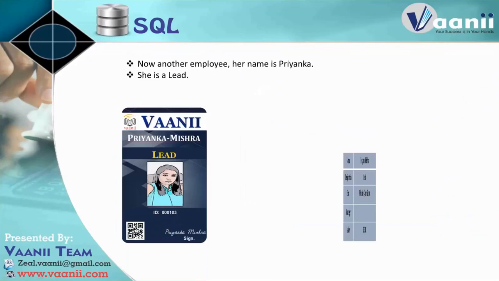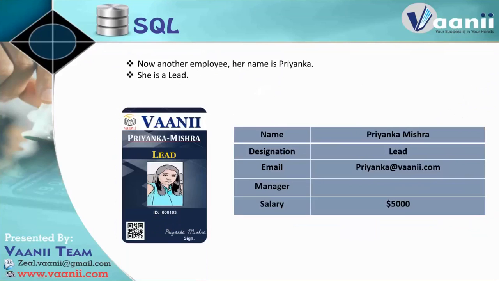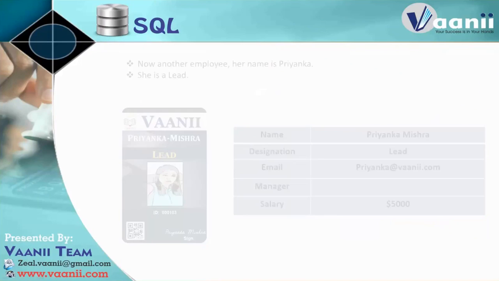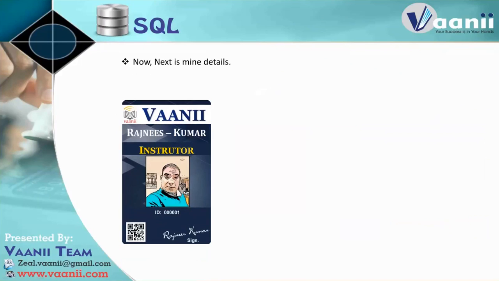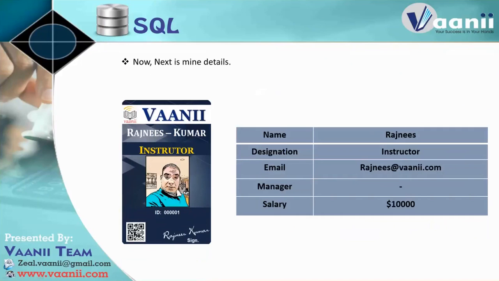Then let's see Priyanka's detail. She is managing the team, her full name is Priyanka Mishra, designation lead, with email ID. She doesn't have any manager, because she's the manager of the whole team, and the salary is $5,000. Then let's see my detail. I'm an instructor at Vaanii, and this is my detail: email ID, designation, name, and salary. So that's the data about these employees in Vaanii.